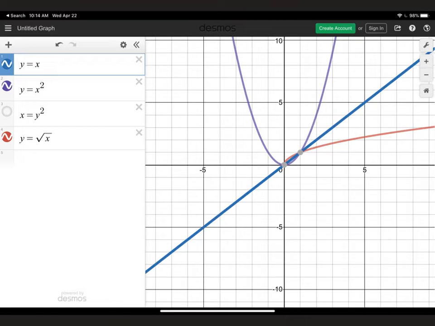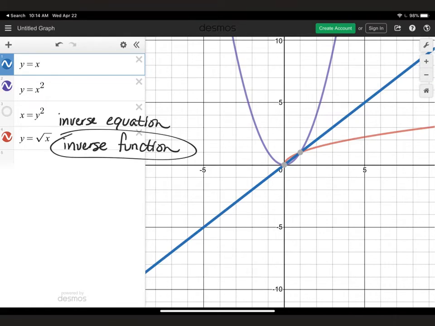So again, maybe using some names here, we would call this an inverse equation, and we would call this the inverse function. And again, a lot of times in math, we want the inverse function. So the inverse function is going to match the inverse equation, but it will have a limited range. Here, the range of the inverse function has been limited to only positive values.